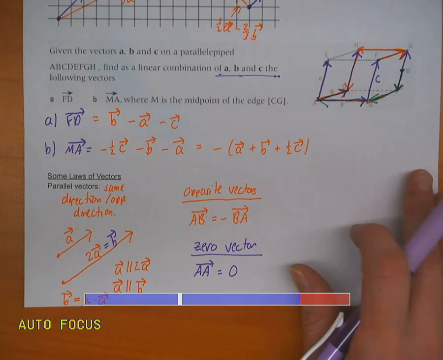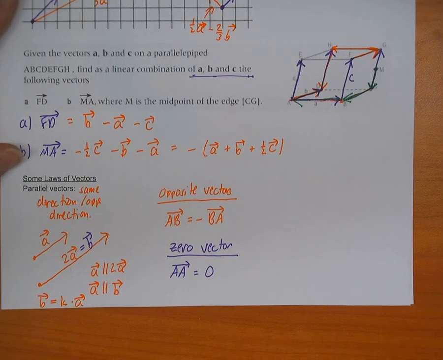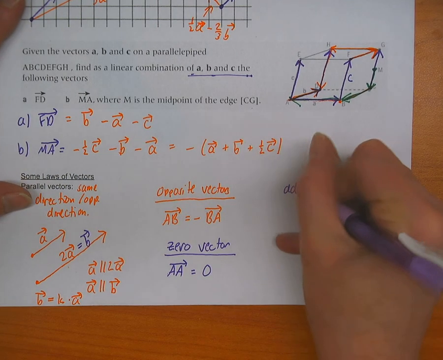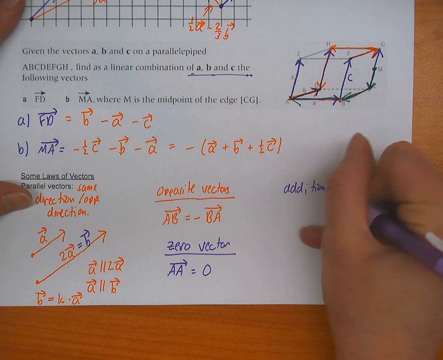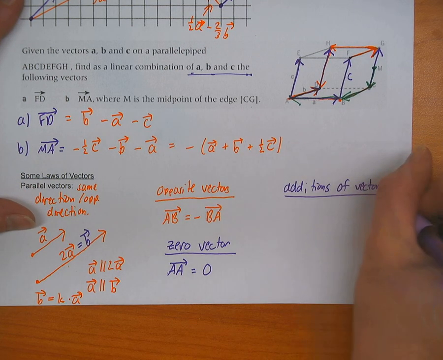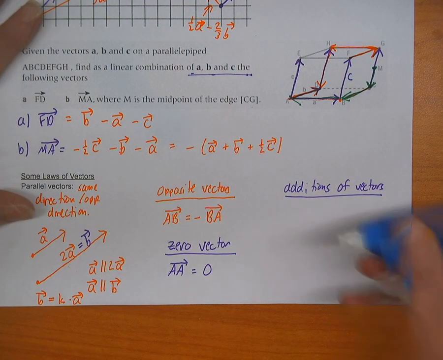We've talked about addition and subtraction when we've graphed or used a diagram to talk about vectors. Well, as it turns out, if you look at the addition of vectors, it is commutative. So for example, addition of vectors.